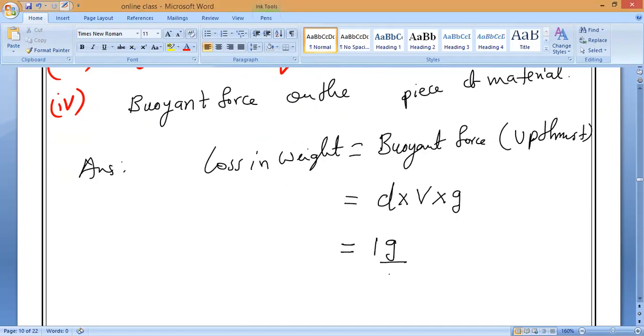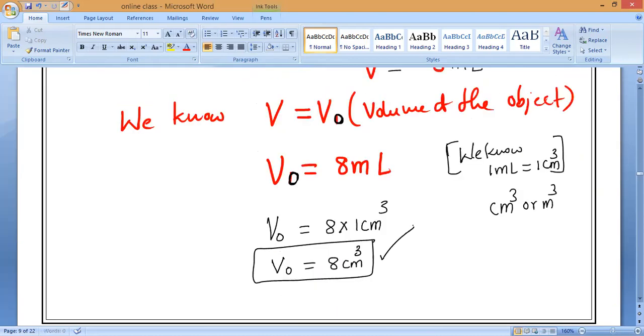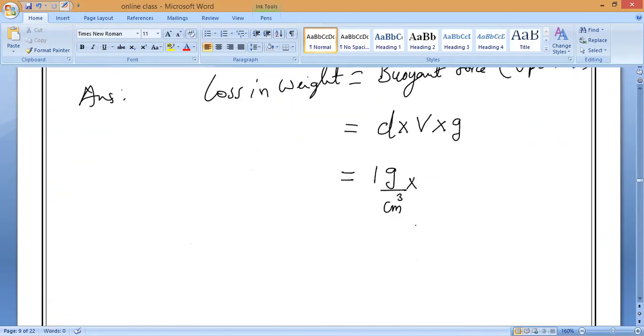1 gram per cubic centimeter into what is the volume? Volume displaced. Check it. Volume displaced how much, Amma? 8 cubic centimeter, sir. 8 cubic centimeter into g value. 9.8.